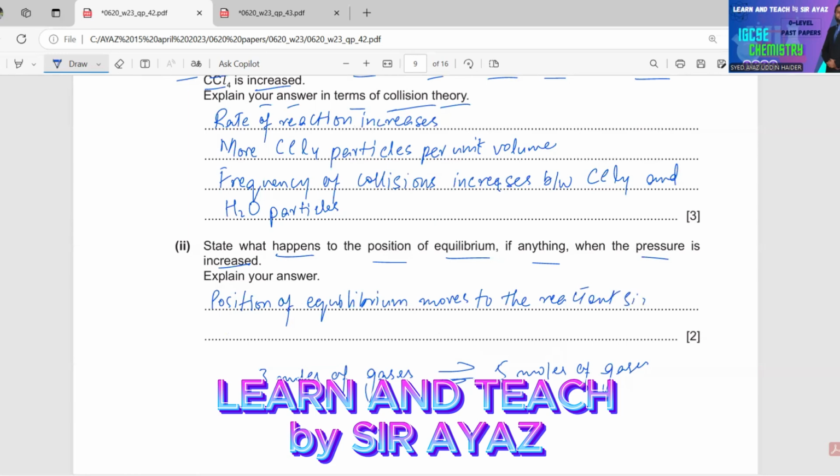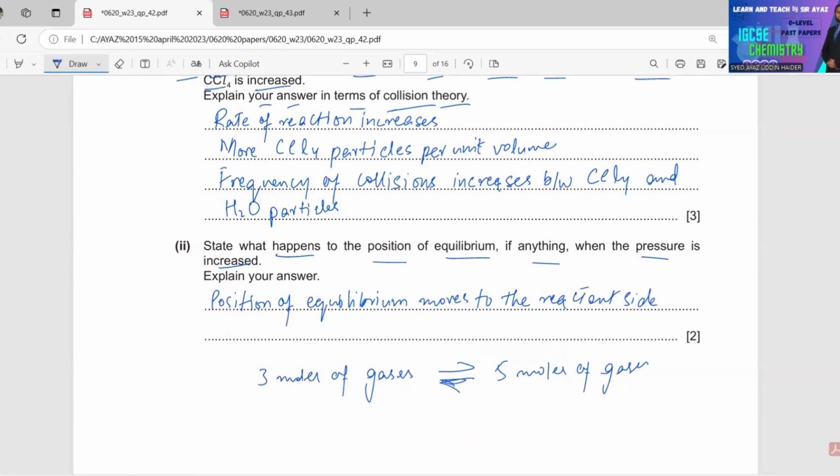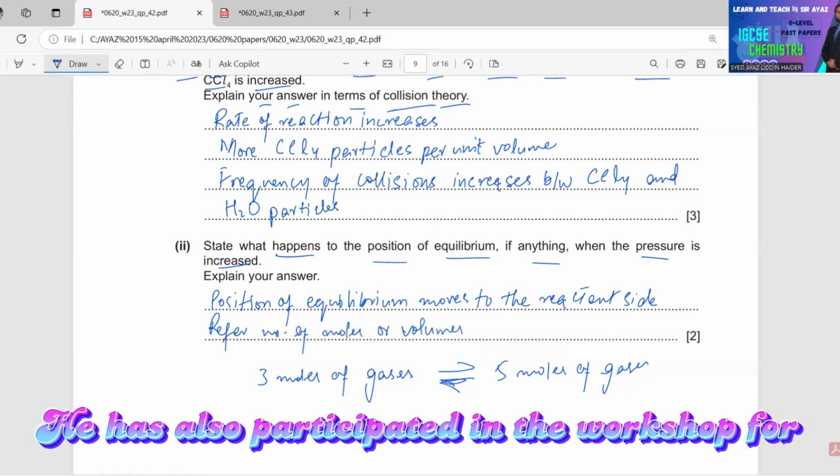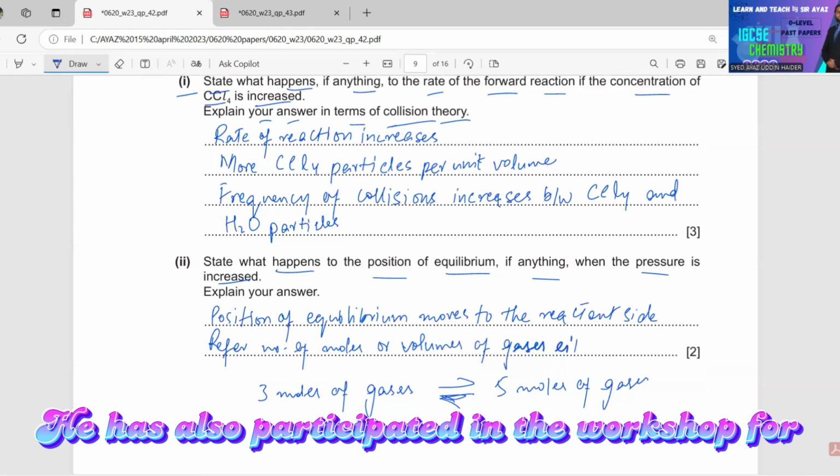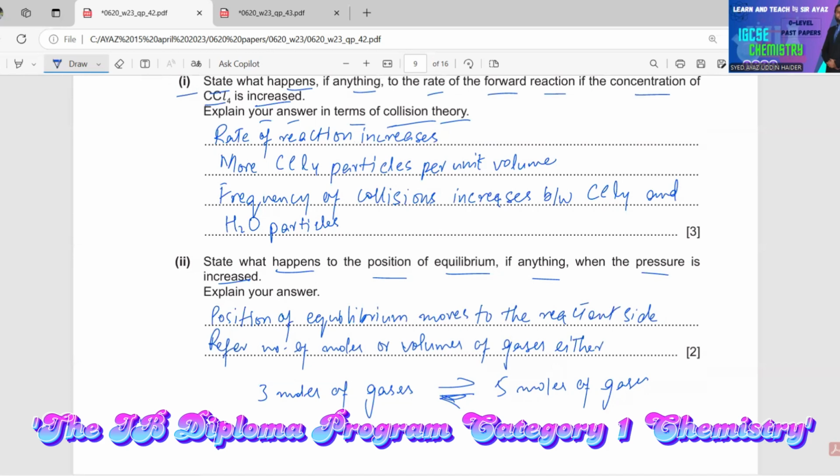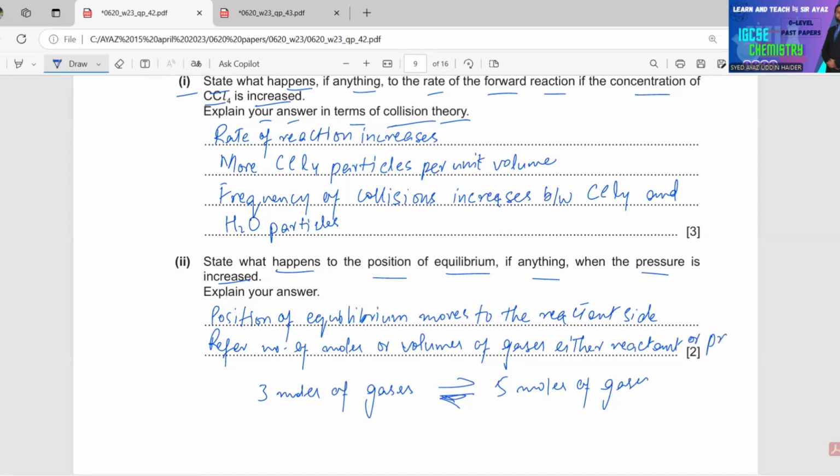Now you can quote the number of moles or volume of gases, either on the product side or on the reactant side.